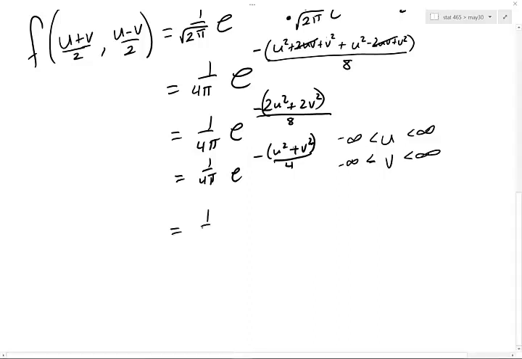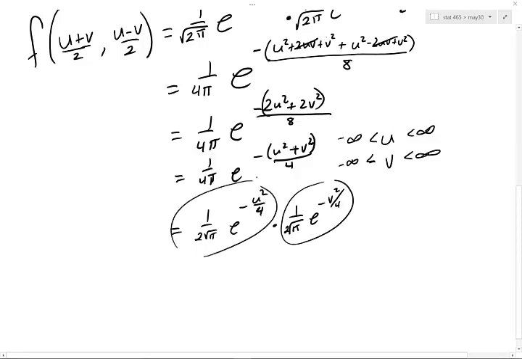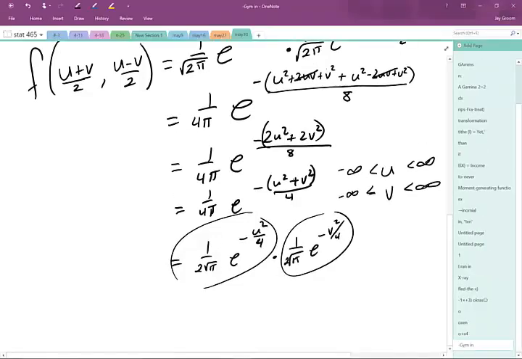So I could rewrite this as 1 over 2 square root of pi, e to the minus u squared over 4, times 1 over 2 square root of pi, e to the minus v squared over 4. And because they're written like this, those guys are still independent of one another. That part there is neither here nor there for you. I just like to mention it here at this juncture. Okay?